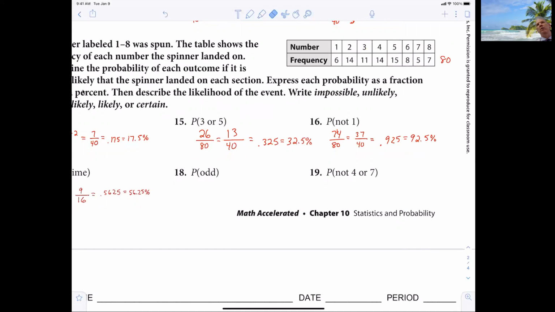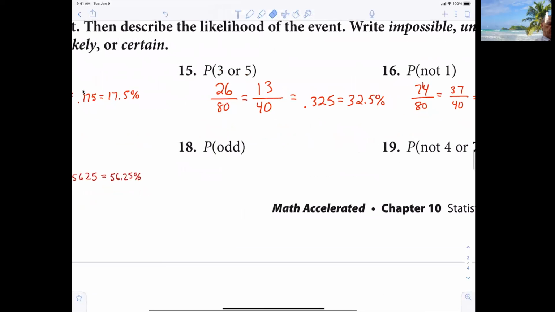You don't have your calculator? Come on, 37. That's good, Jolie. I appreciate you not using your calculator. 37 out of how many? All right, now go ahead and use your calculator for that, please.